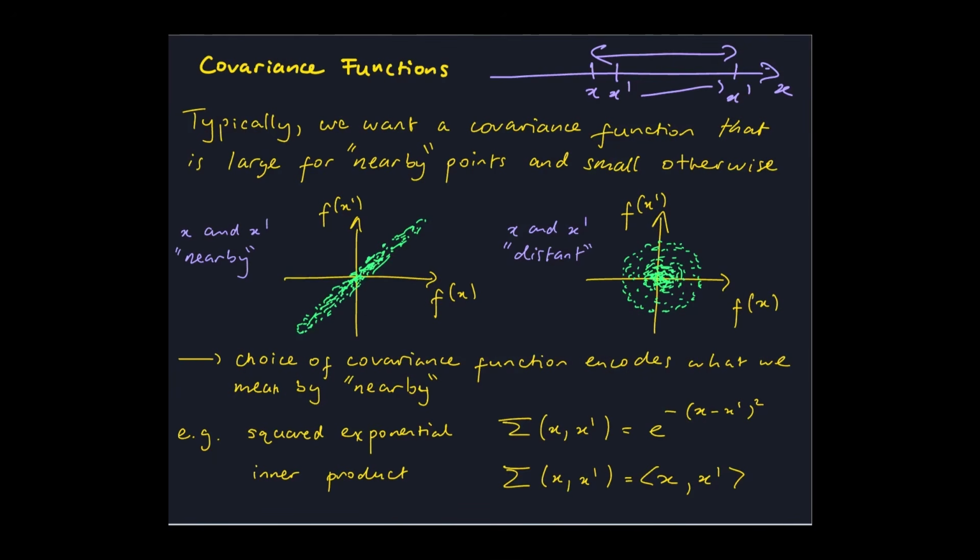Just to give you some common examples of covariance functions, one would be to take e to the negative squared distance between the two inputs. Another, if we have a multivariate case, it could be to take some kind of dot product between the inputs. It's basically the covariance structure is some kind of measure of similarity between the inputs, and we use that to induce what the correlation structure looks like between different inputs.